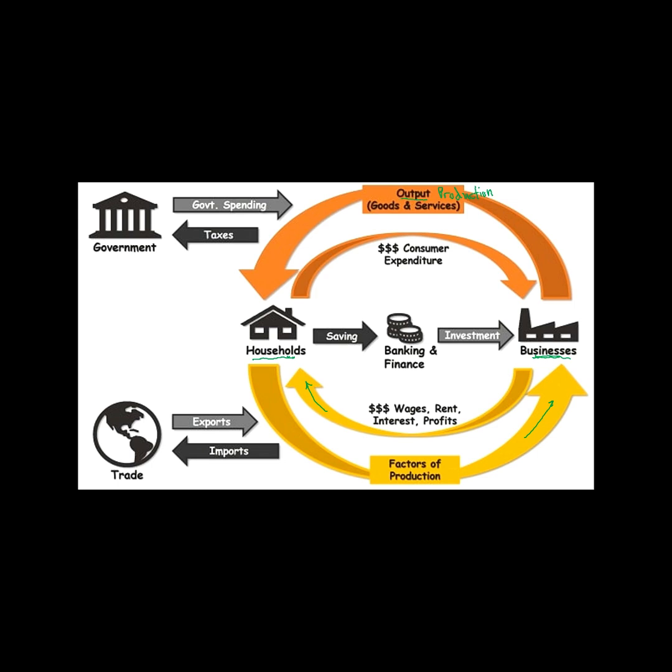And so businesses produce goods and services, and then households buy those goods and services. That would be your consumer expenditures. So you go to Walmart, you buy groceries, you buy clothes or whatever, and you give them money. And so that money goes back to the business and towards their profits.